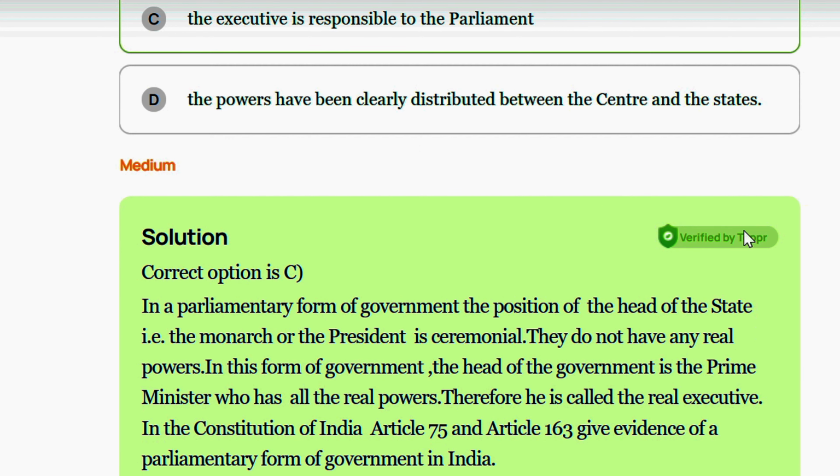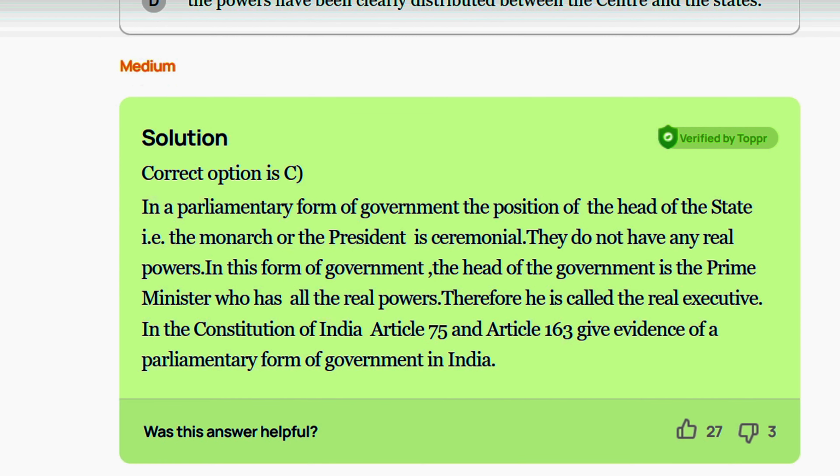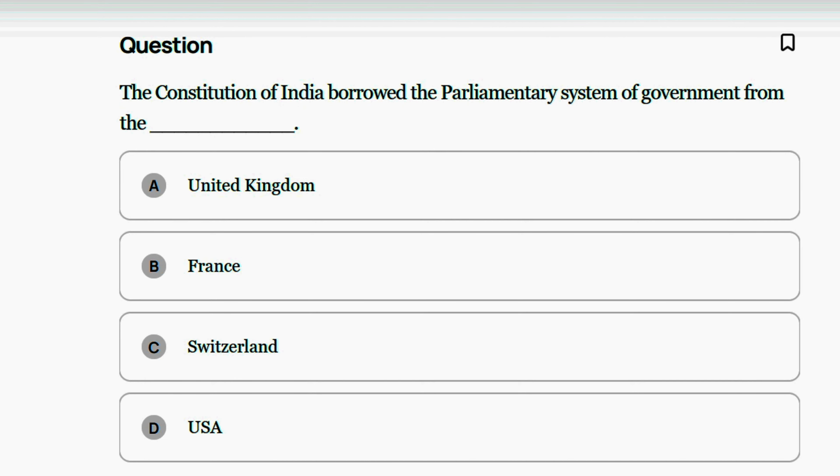In a parliamentary form of government, the position of the head of the state, that is the monarch or the president, is ceremonial. Next, the Constitution of India borrowed the parliamentary system of government from the United Kingdom.